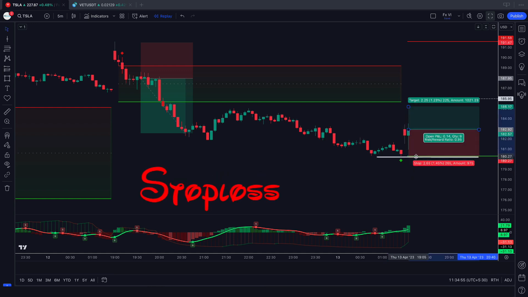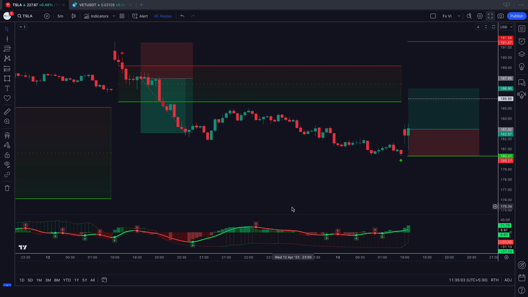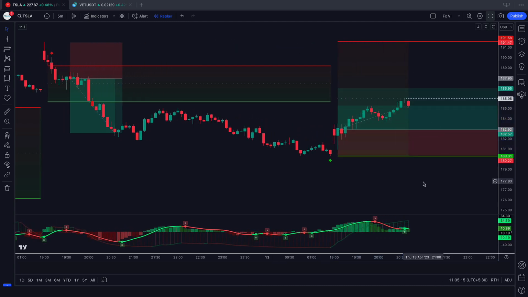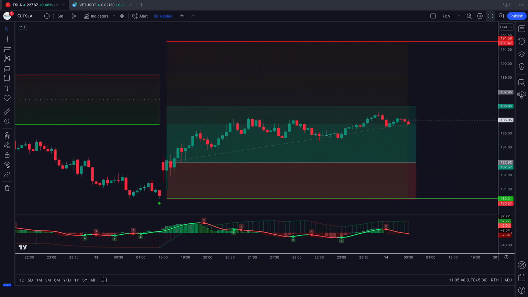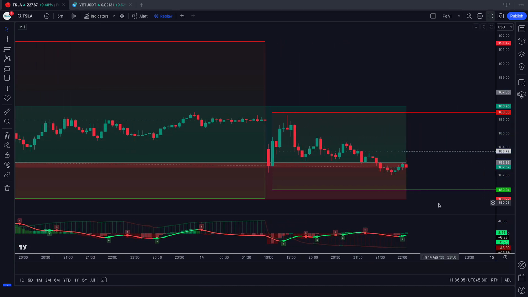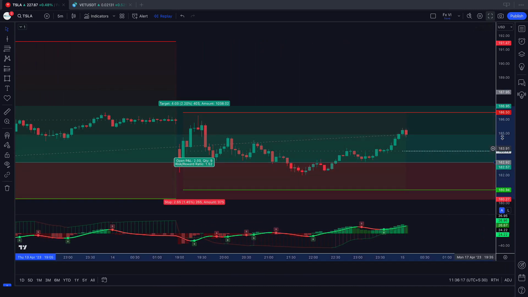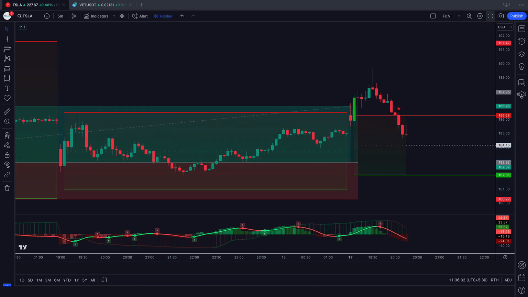Our stop loss will be placed at the current market's lower level, and the risk to reward ratio will be 1 to 1.5. The market has completely hit the target. I hope you must have understood this trading strategy.